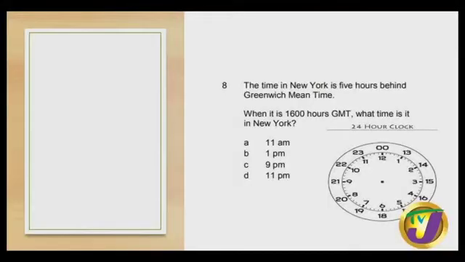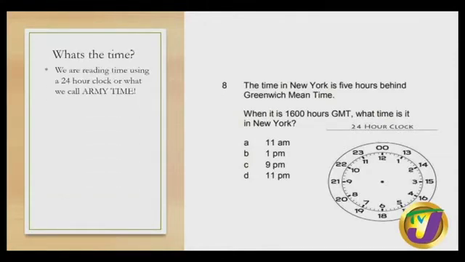The time in New York is 5 hours behind Greenwich Mean Time. When it is 1600 hours, Greenwich Mean Time, what time is it in New York? Let us take a look at the 24-hour clock here, because if we're looking at 1600 hours, we are actually reading time using a 24-hour clock, or what we call Army time.